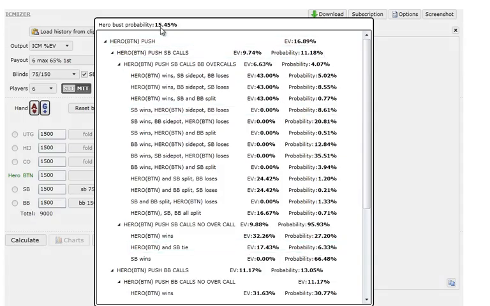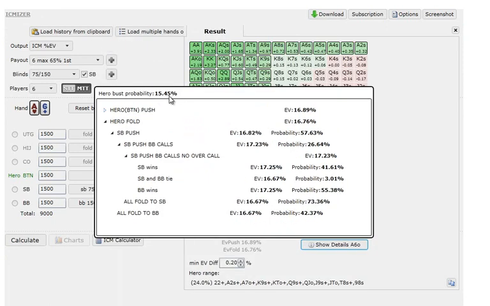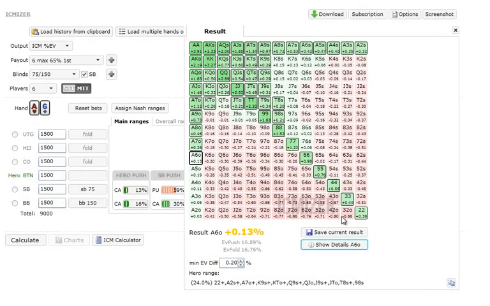You can see here the bust probability when you push. If you push and get called, you lose, and in that case there is a 15% chance that you go bust. So in 85% of cases you continue in the tournament. So in 85% of cases you make some additional money, no risk. Imagine if you had like a 100% chance of folding.